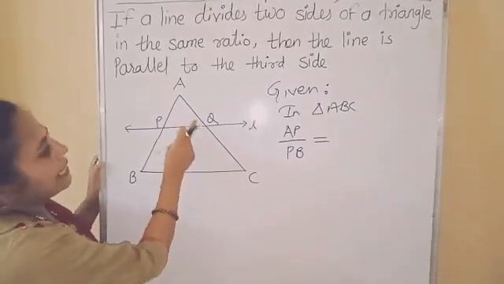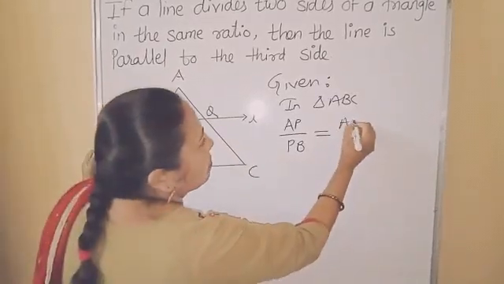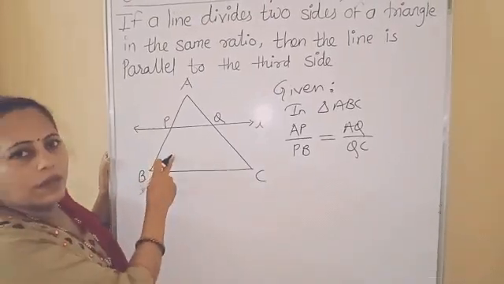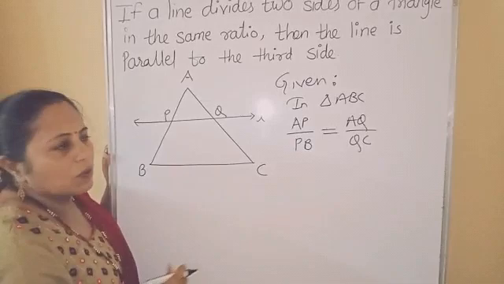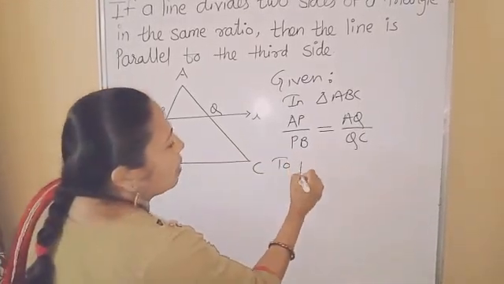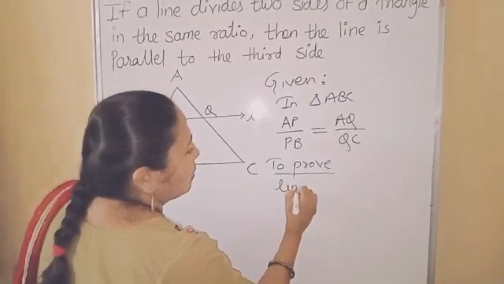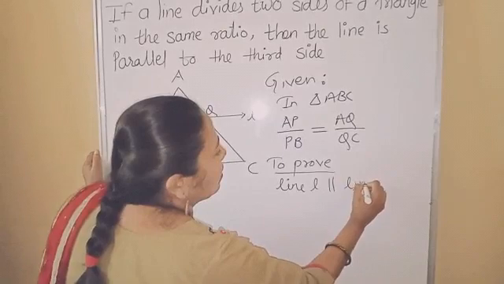It divides the second side in the ratio AQ upon QC. Okay, AP upon PB is equal to AQ upon QC. Then we have to prove line L is parallel to line BC.